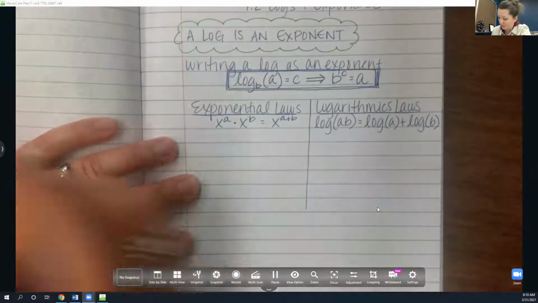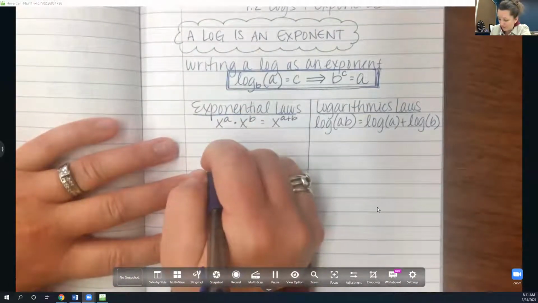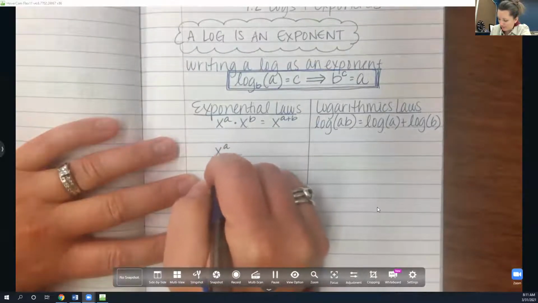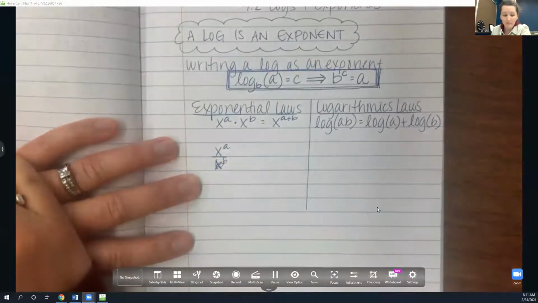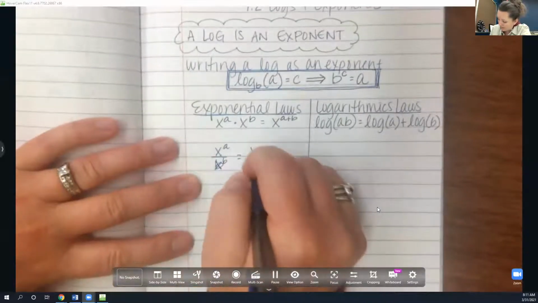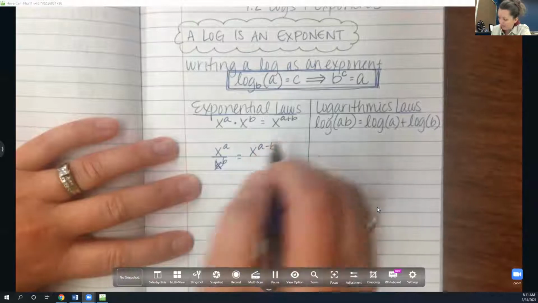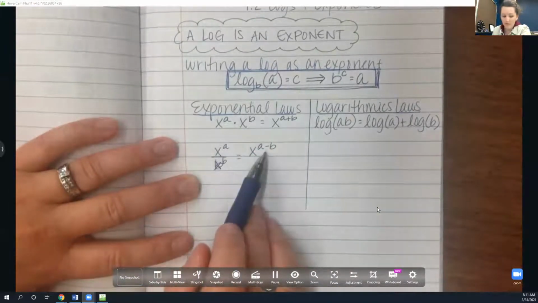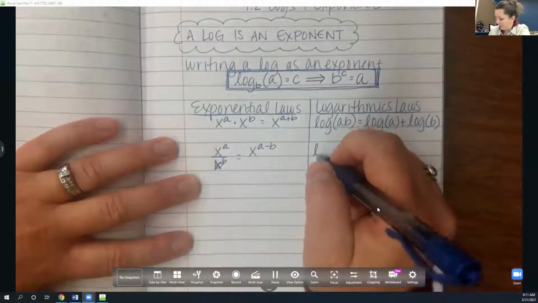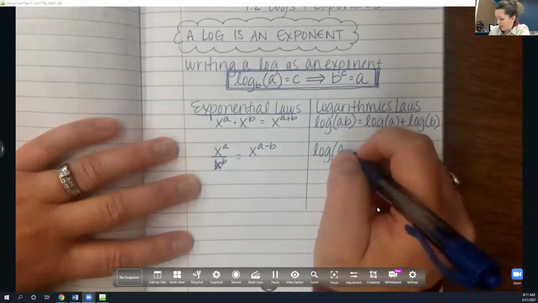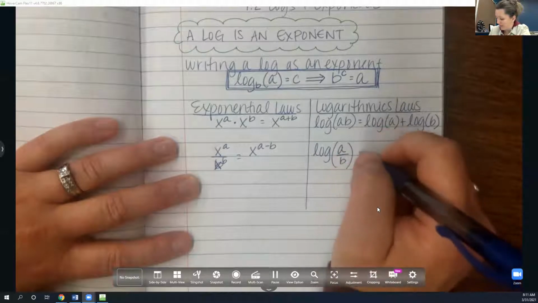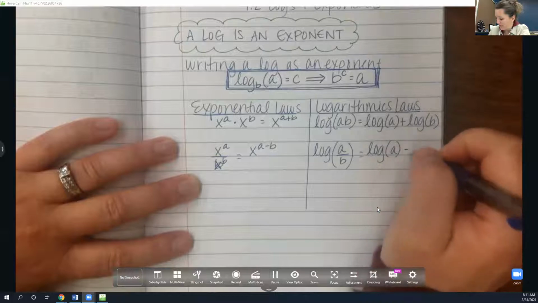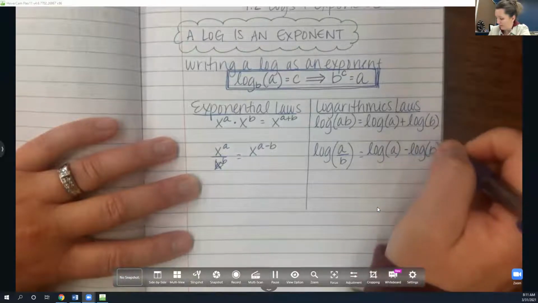Here's our next exponential law, the quotient law, right? x to the a power divided by x to the b power equals x to the a minus b, right? When you multiply, you add. When you divide, you subtract. Here's our logarithmic law. Log of a divided by b equals log of a minus log of b.